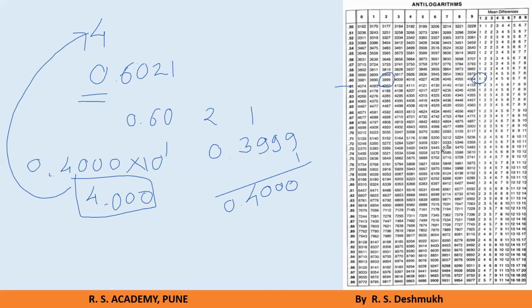But there is one more thing. In a number of cases we get negative values, and we have to obtain the antilog for those also. So let us move to finding the antilog of negative values. Let me take one simple example: minus 2.86. The first thing is that you cannot find the antilog of negative values directly, so I separate it: minus 2 and minus 0.86.